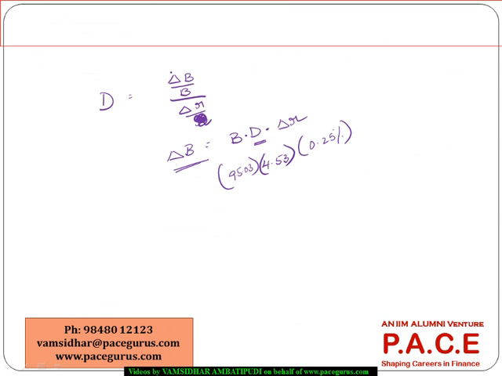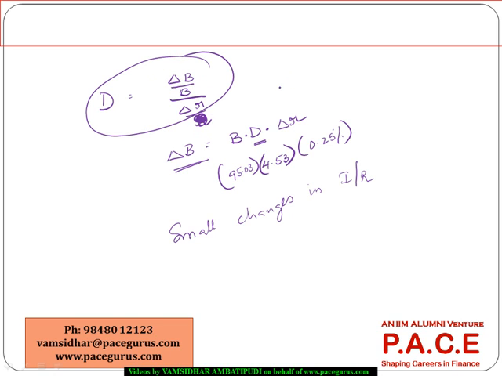So that's the way, especially for small changes in the interest rates. For small changes in the interest rate, I can directly use this duration relationship to arrive at the percentage change in the price of the bond if the interest rate or the yield is changing.